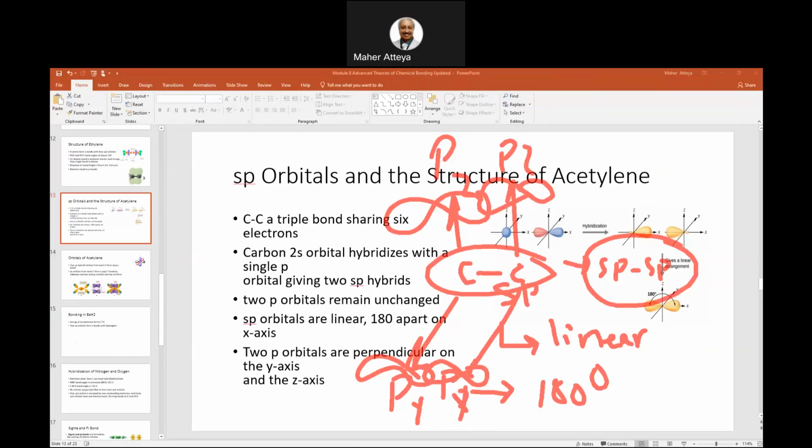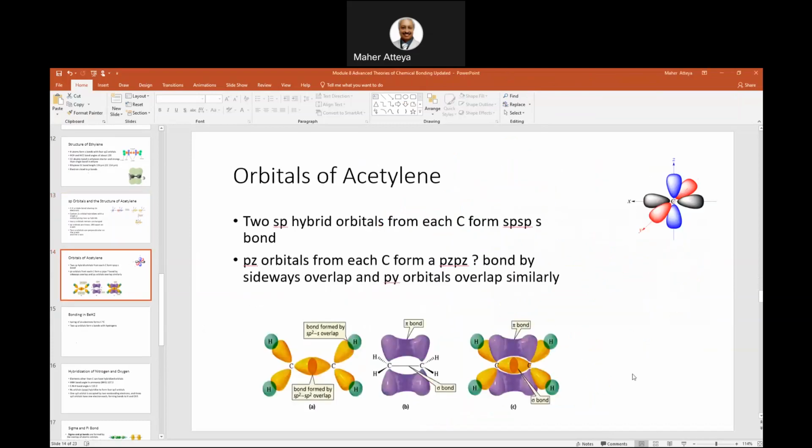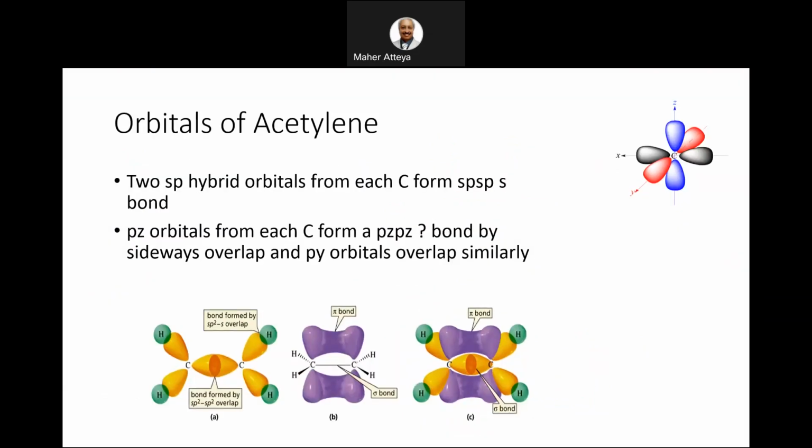So let's look at this again. Can you see it? This is your sp-sp. Maybe I will put it up a little bit so you can see it much better. Now, the carbon-carbon is sp-sp.